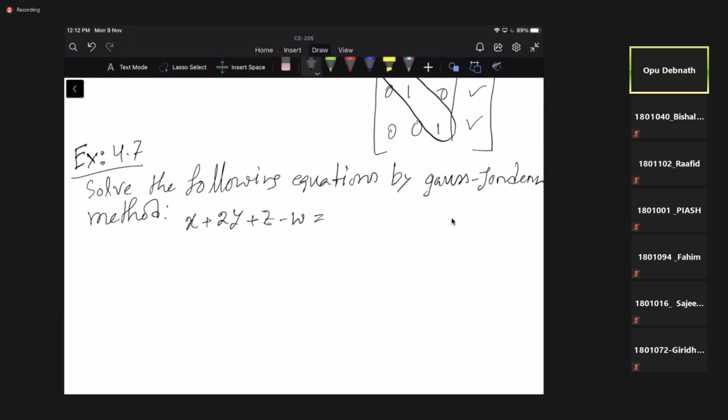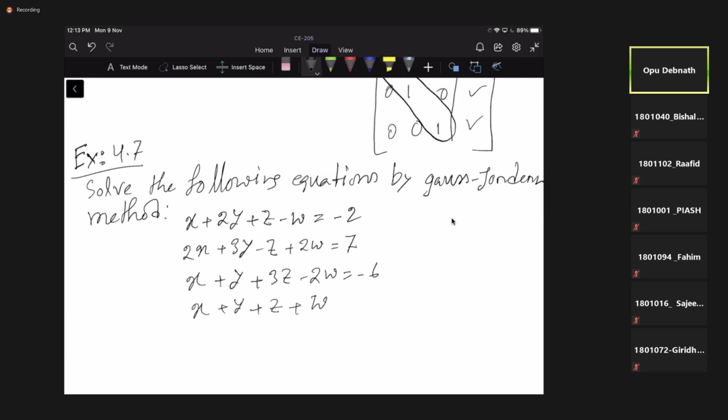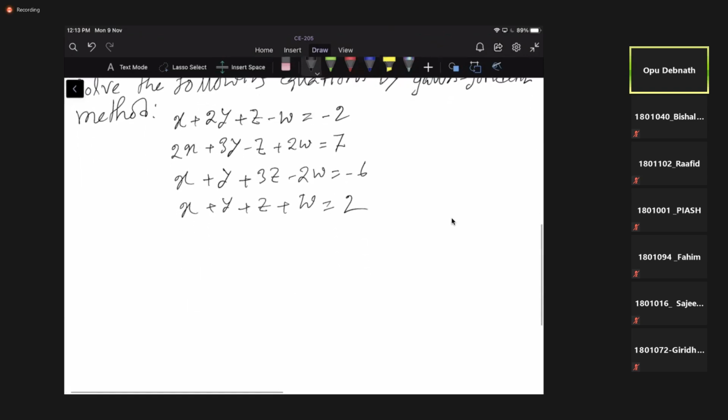That means 4 unknowns, so obviously we need 4 equations. 2x plus 3y minus z plus twice w is equal to 7, and the third one is x plus y plus 3z minus 2w is equal to minus 6, x plus y plus z plus w is equal to 2. So here are 4 equations.